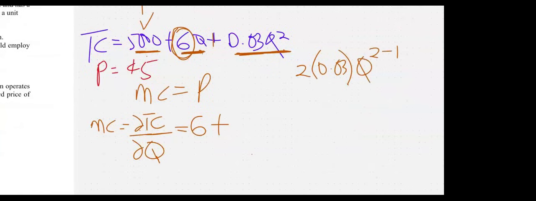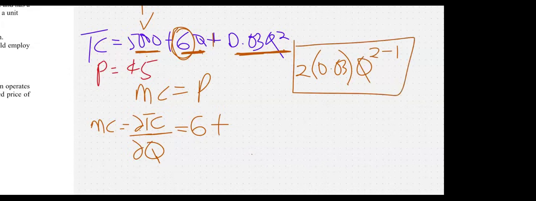Whenever I do this, it shows I'm differentiating. I'm not going to write that in the solution. I'll do all this calculation in my mind or using my calculator. So the exponent 2 will multiply the coefficient 0.03, which will give me 0.06. Then the Q squared, when I take 1 from the 2, will be left as Q to the 1. And I've told you we don't write the 1. So I'll just write 0.06Q. That's what I'll write there.